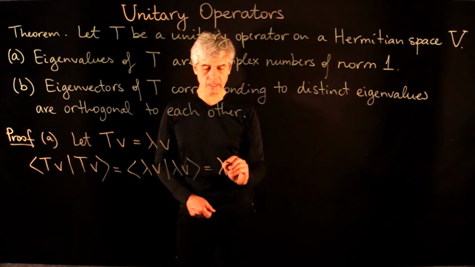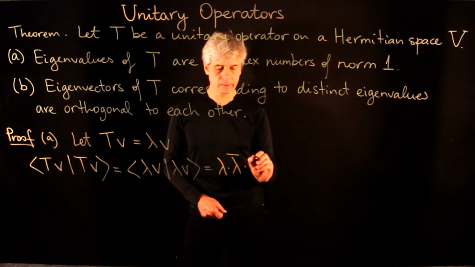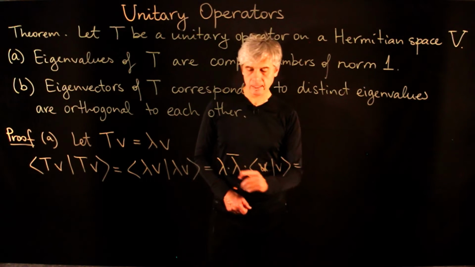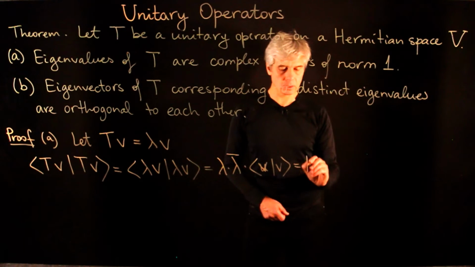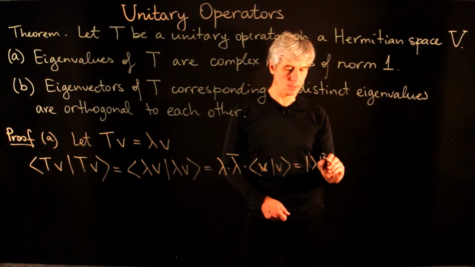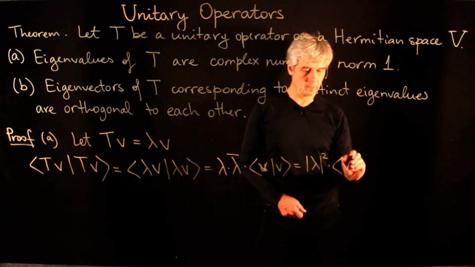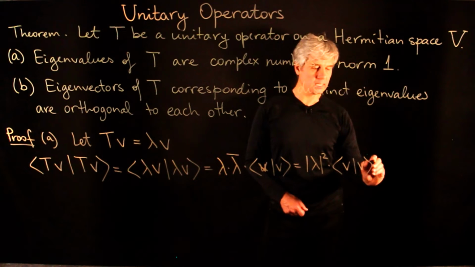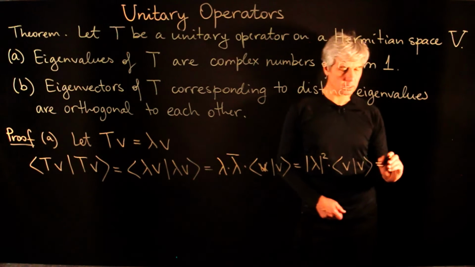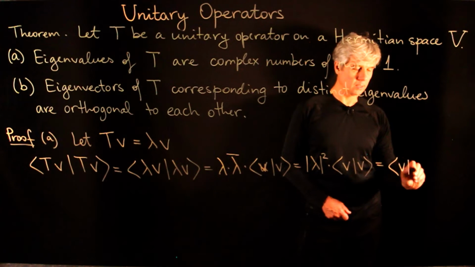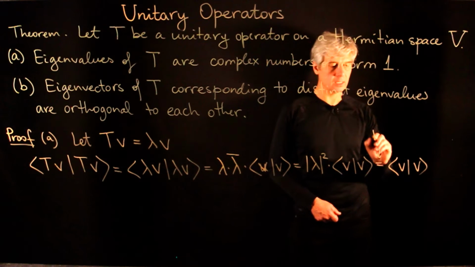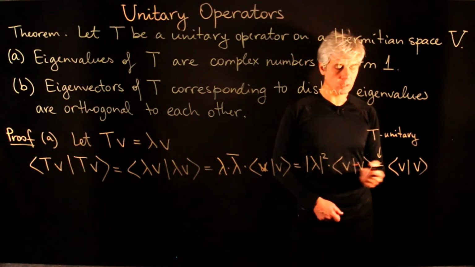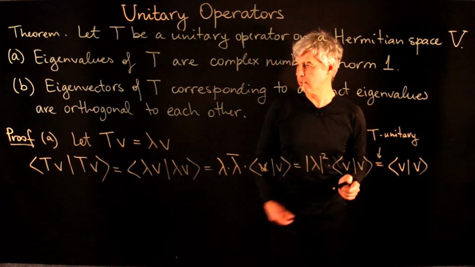So we get lambda times lambda bar times (v, v), and lambda times lambda bar is the norm of lambda squared times (v, v). If T is unitary, this is simply equal to (v, v), because unitary operators preserve the scalar product.